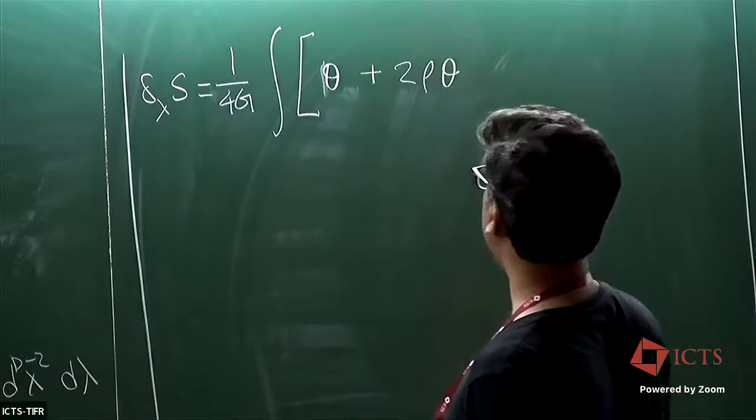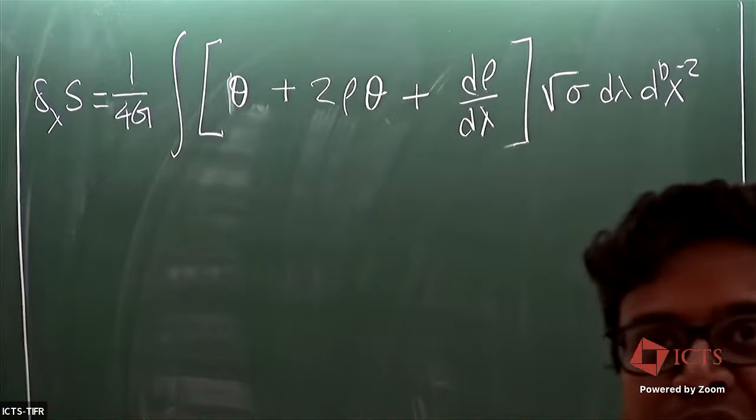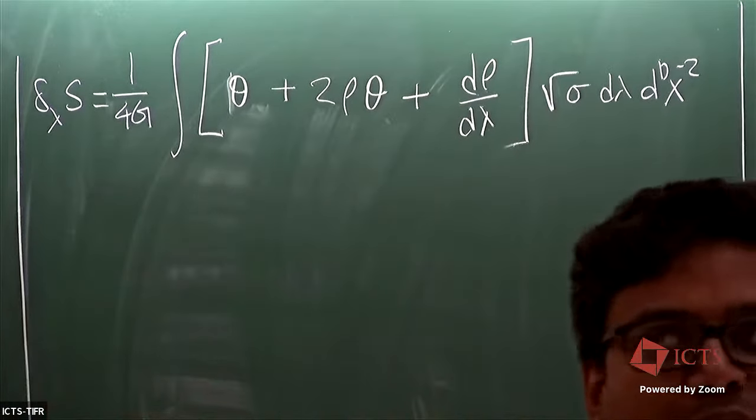Yes, 2 rho theta plus d rho d lambda. Agreed, everybody? And then I have sigma and d lambda d^(d-2)x. Agreed? Just let me check if everything is there. This is theta, 2 rho theta, and d rho d lambda. Agreed? Any problem? You're asking something. Is that okay? Is everybody in agreement?